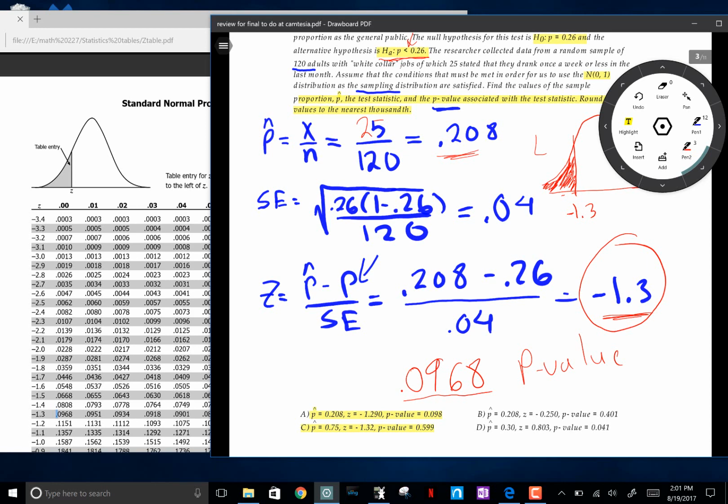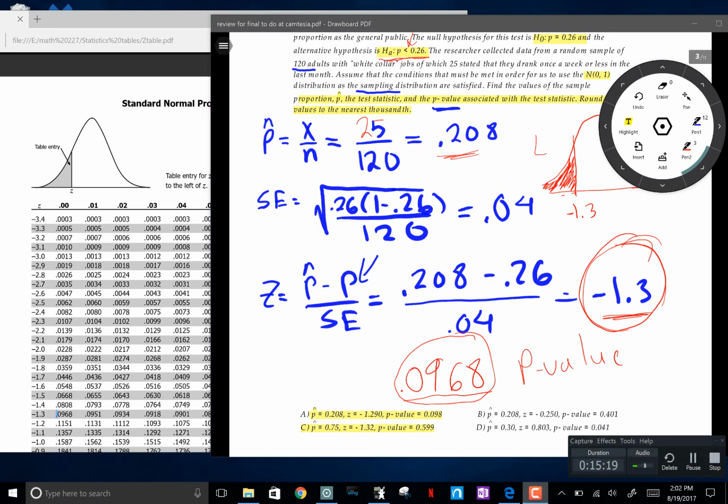For this one, the answer will be A, because A gives us negative 1.29, which is very, very close to negative 1.3. And if you look at the p-values, they are almost identical, off by 1/1000 of a percent. So for this one, A will be our final answer. All right, so I'm going to stop right here, and then we're going to continue on with number 8.